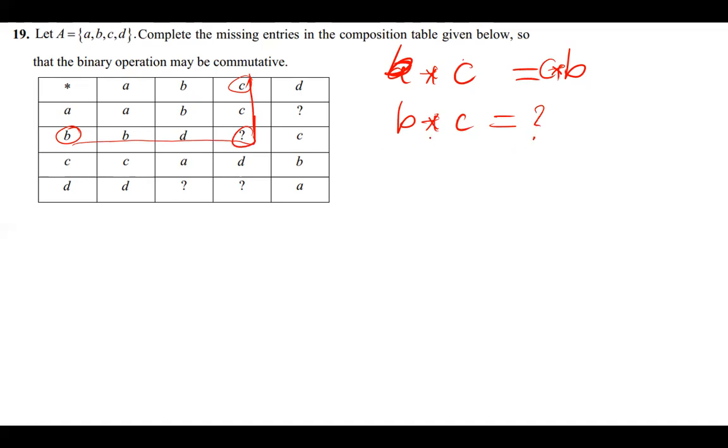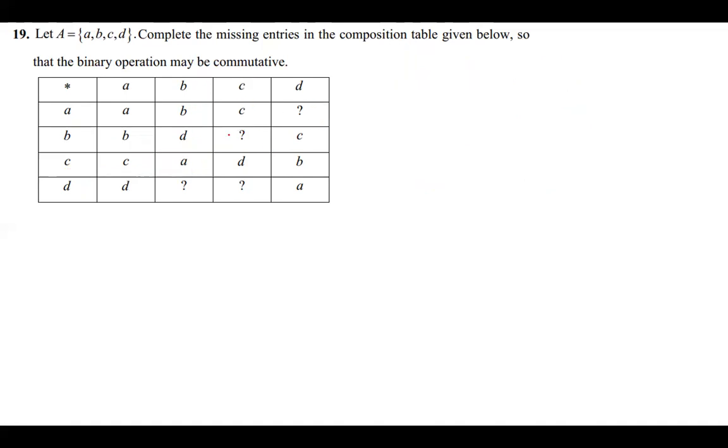I don't have it, so let me find C star B. So C star B, my C is there, my B is there. So C star B, the answer is A. So for this to be commutative, I'm supposed to put A there. So here, this question mark is supposed to have A. Here we found D, and here we found A.